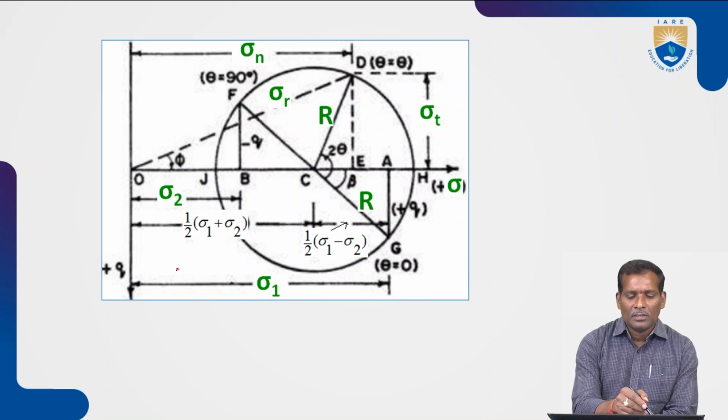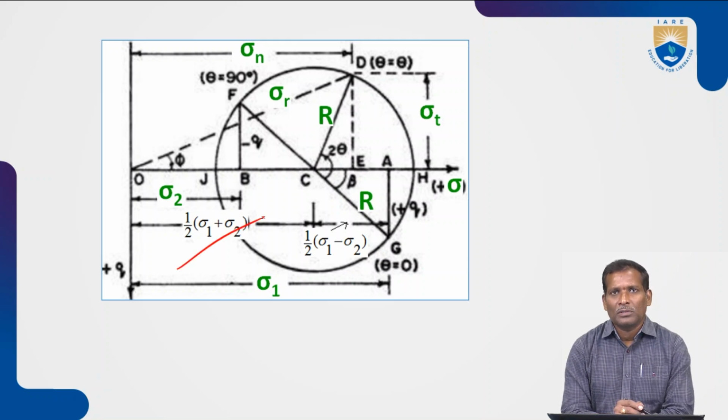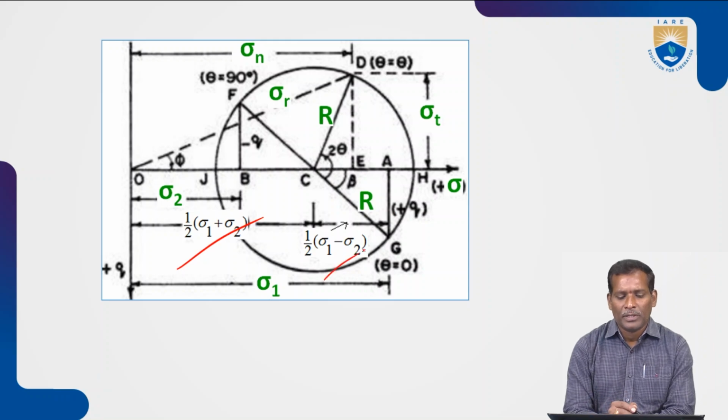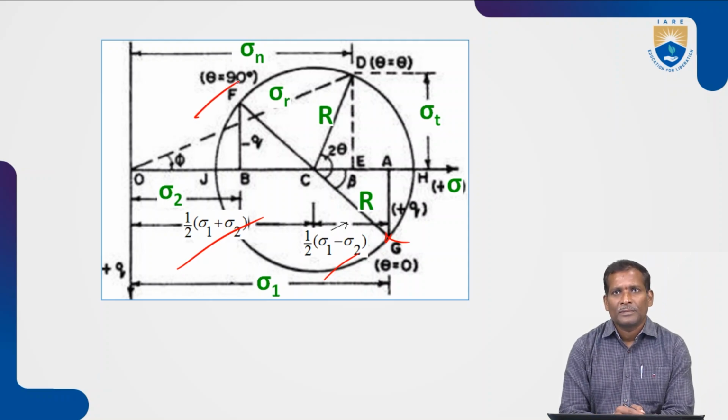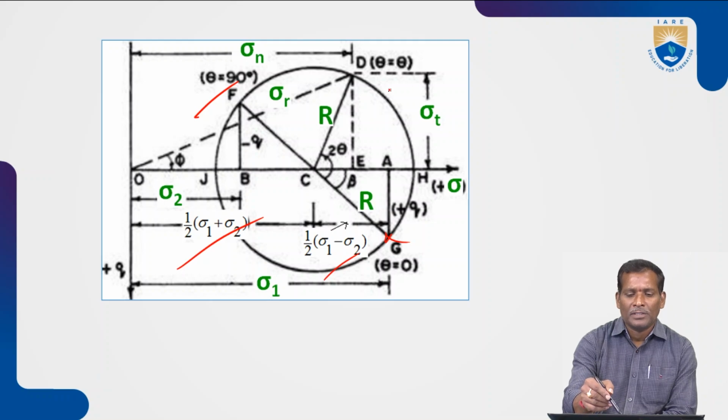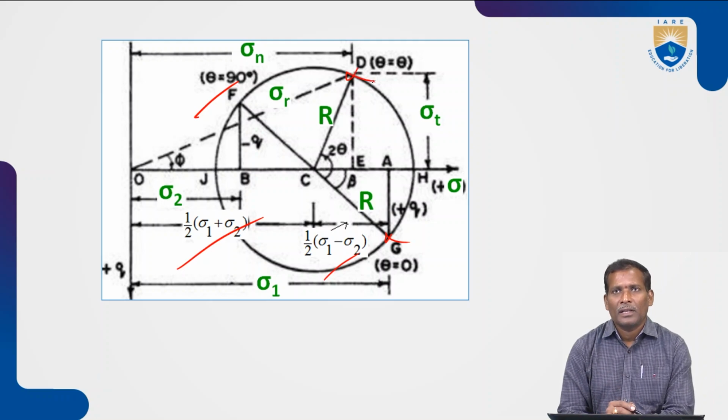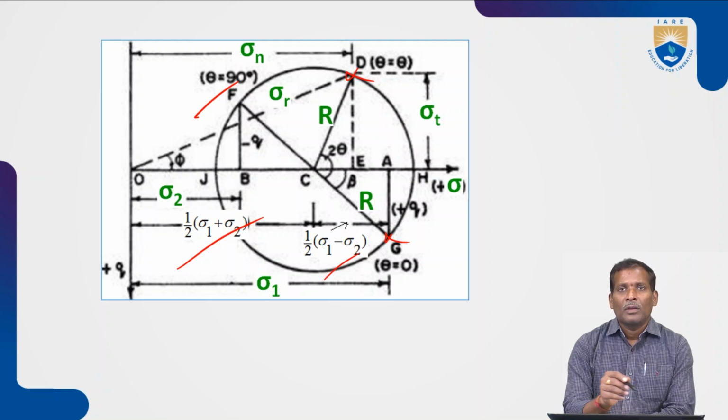See, sigma 1 plus sigma 2 by 2, that is OC, and OA is sigma 1 minus sigma 2 by 2, when theta is equal to 0, and theta is equal to 90, and theta is equal to theta at this point. Clear?